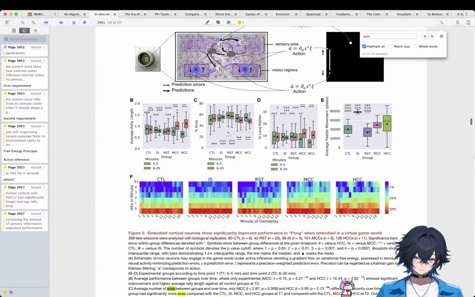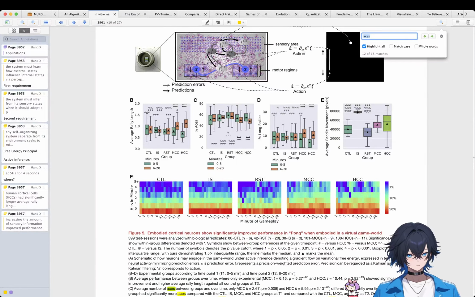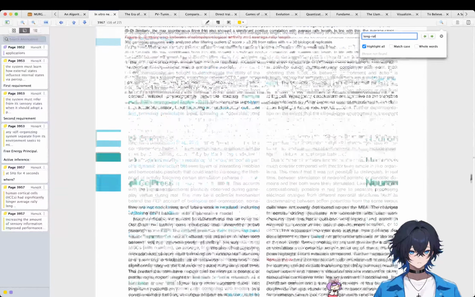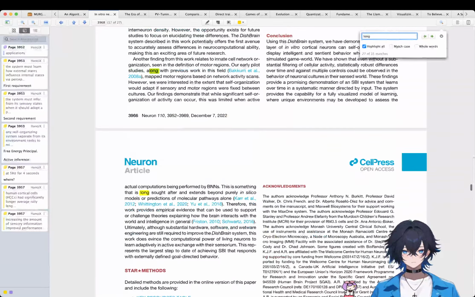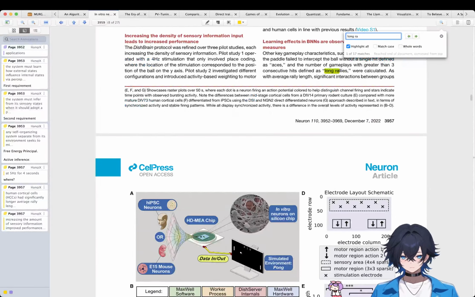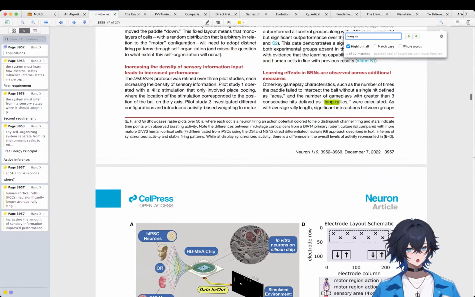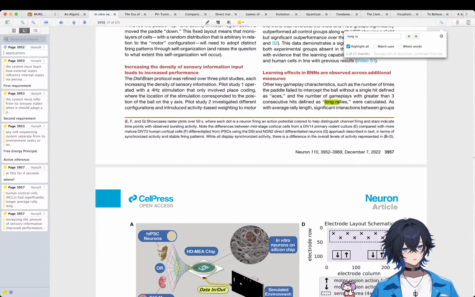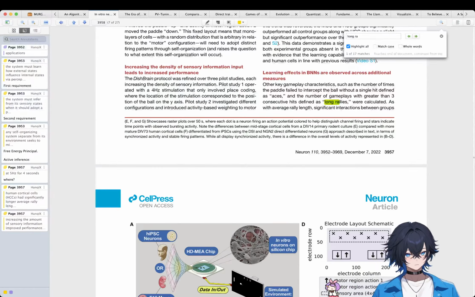Oh, okay, what is percent long rallies? Long rallies. Okay. As aces, number of gameplays with greater than 3 consecutive hits are long rallies.